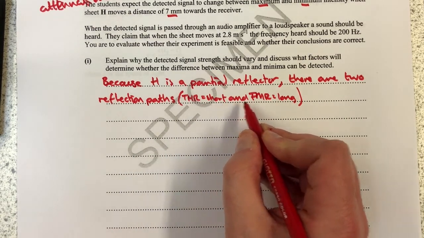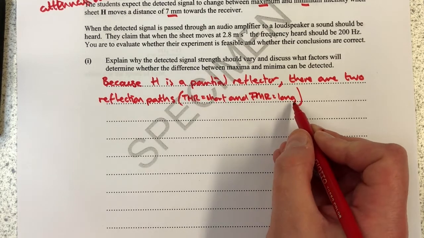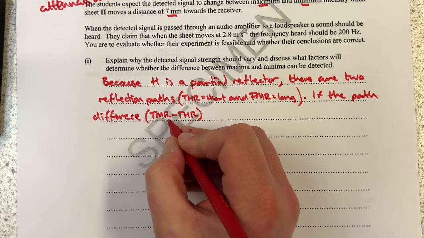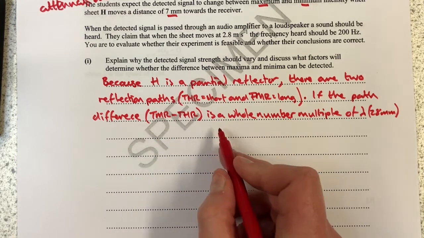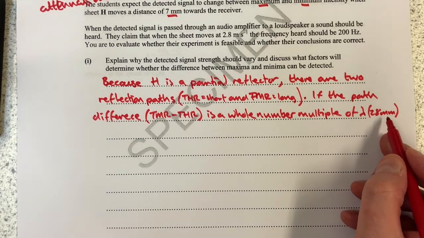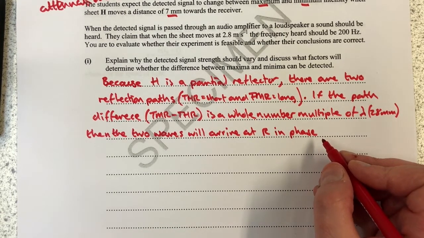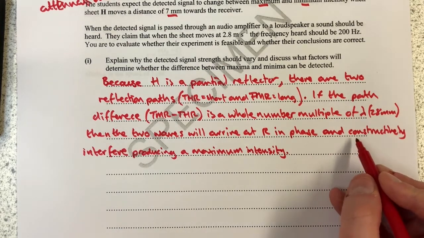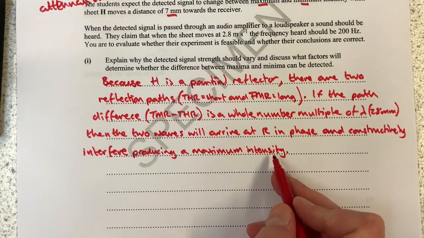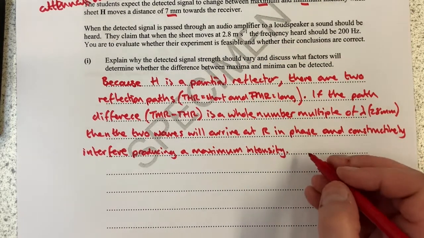THR is the short one and TMR is the long one. If the path difference, TMR subtract THR, is a whole number multiple of the wavelength, which is 28mm, then the 2 waves will arrive at R in phase and constructively interfere, producing a maximum intensity in the detected signal detected by R.